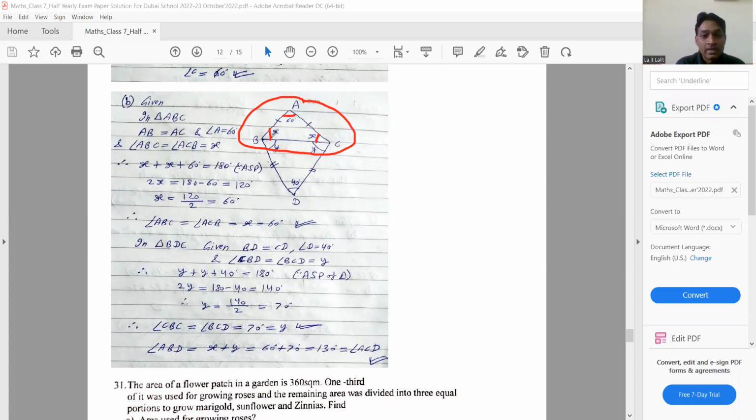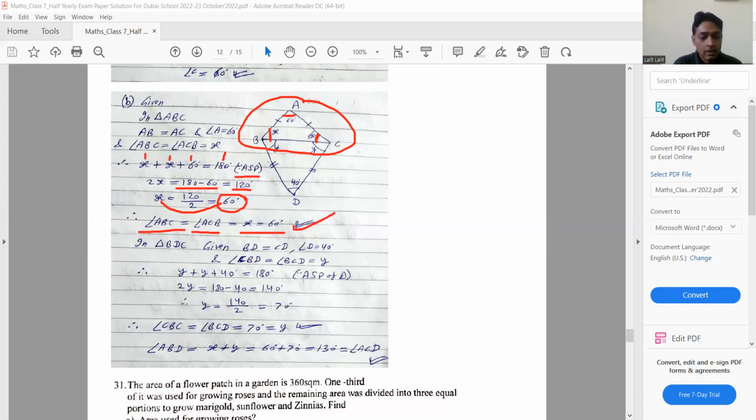So this is x, and this is also x. As per the angle sum property of a triangle, angle A plus angle B plus angle C is equal to 180 degrees. So x plus x plus 60 degrees is equal to 180 degrees. Now 2x is equal to 180 minus 60, which is 120. So the value of x is 120 upon 2, which is 60. So angle ABC is equal to angle ACB is equal to x, which is 60. This is the answer of the first part.